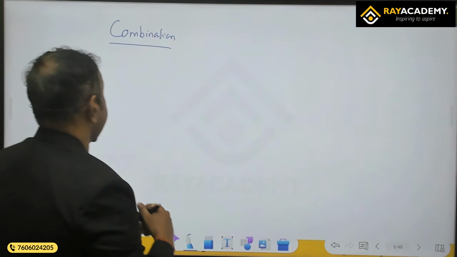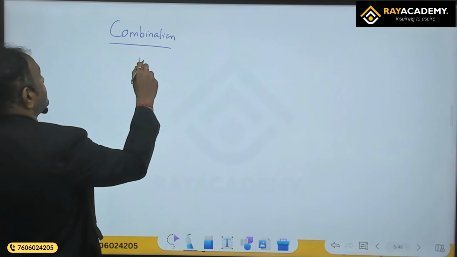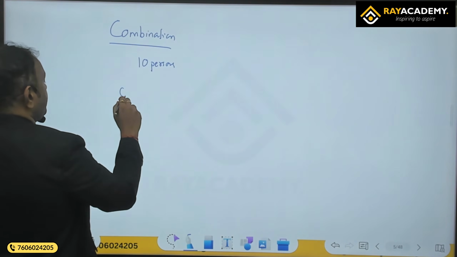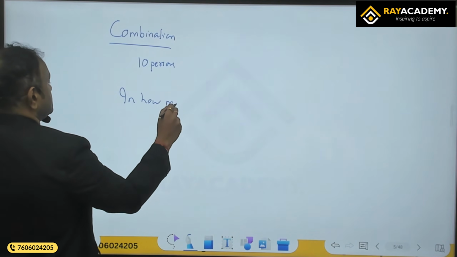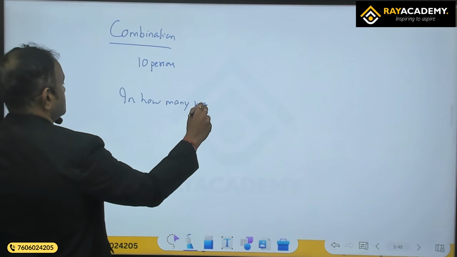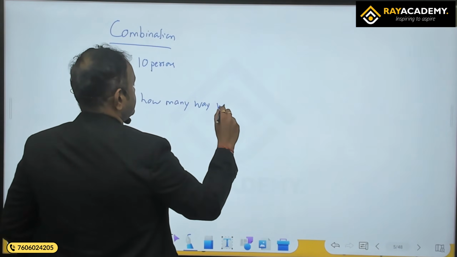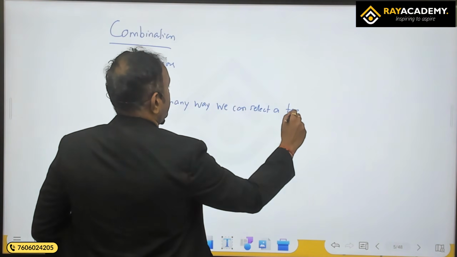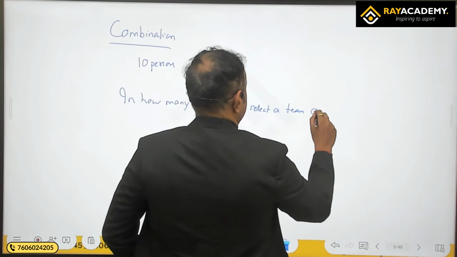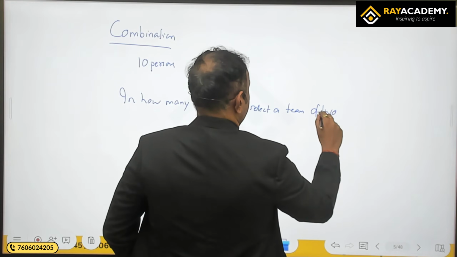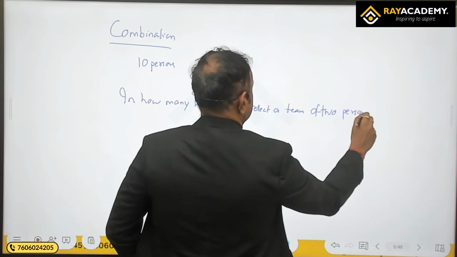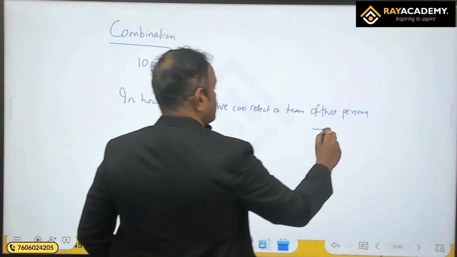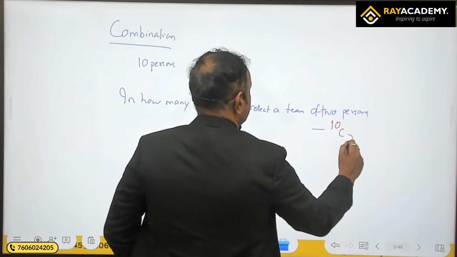Okay, let's say there are 10 persons. In how many ways can we select a team of 2 persons? So that can be done. I have to choose 2 persons out of 10, so that can be done in 10C2 ways.